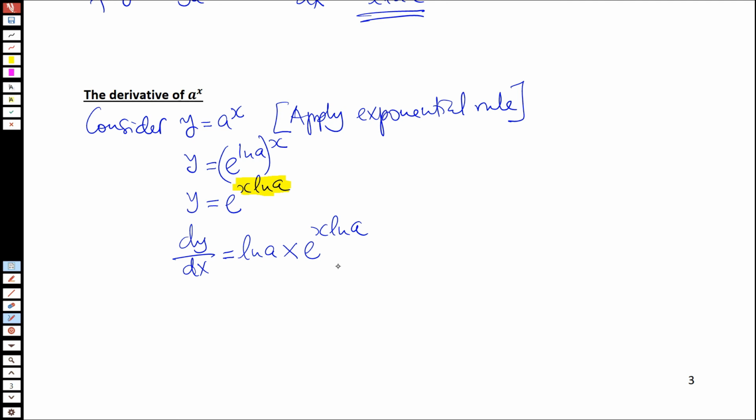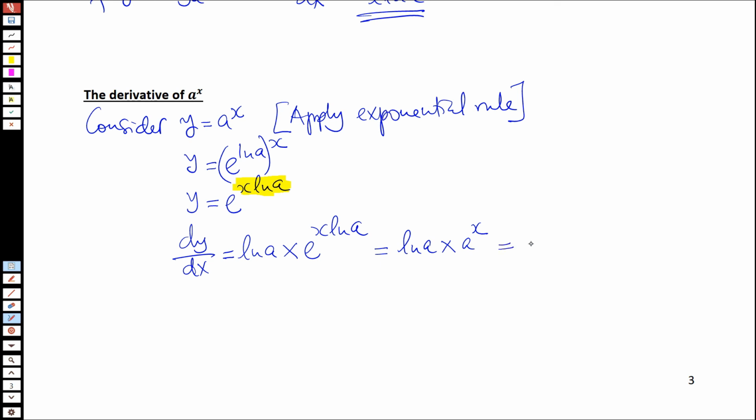Now we can rewrite this in terms of what we had originally. So this is the same as ln a multiplied by a to power x.